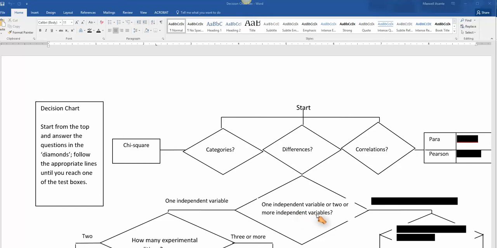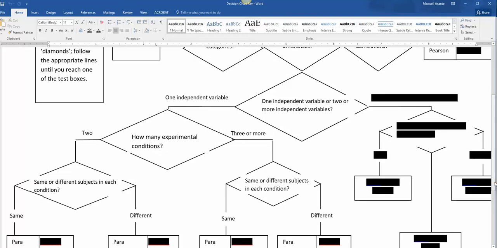So if we are considering an experiment in which there is one independent variable, then we have to go to the left here because that is where the one independent variable is pointing. For most of the things that we will be doing, we will be considering one independent variable. So you will always have to go to the left here.